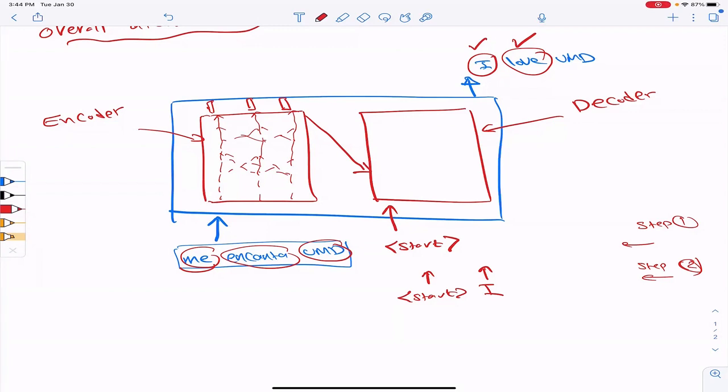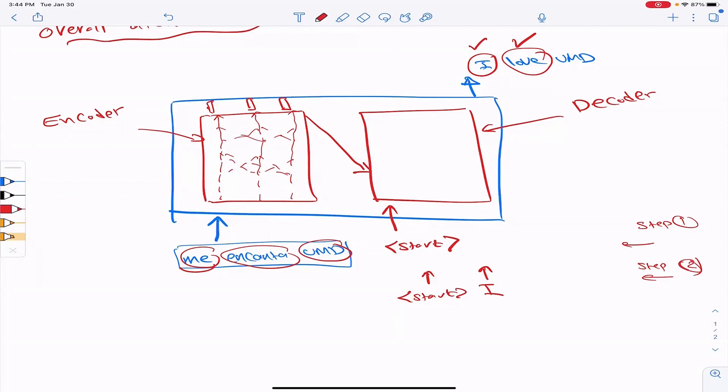You generate that, you have that as your input, then you say, okay, I have the start token, I have the word "I", and based on the encoded information of my original phrase, what would be the most appropriate selection for my next word and my next token? And you keep going.